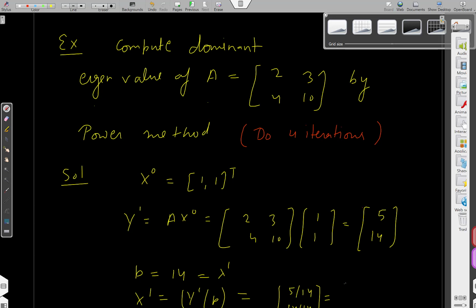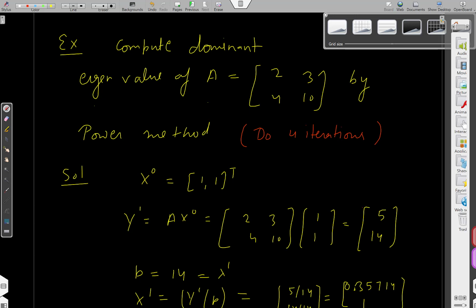That is coming out to be 0.35714, and the value here is 1.